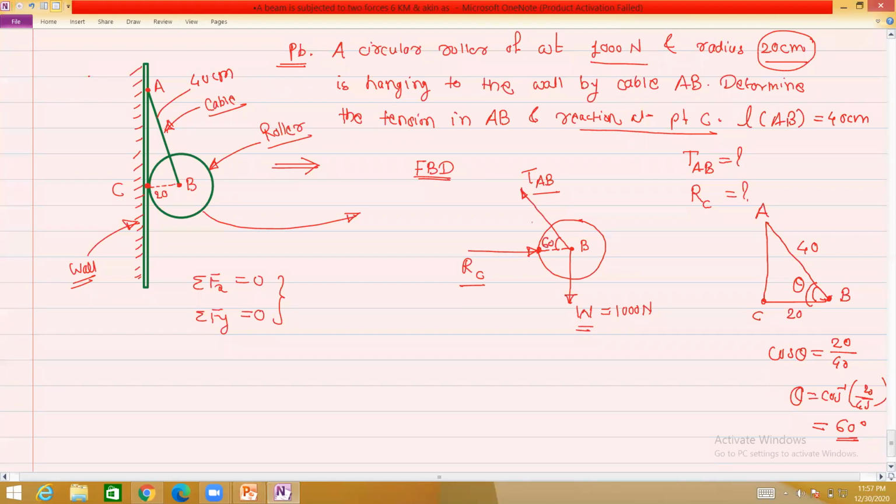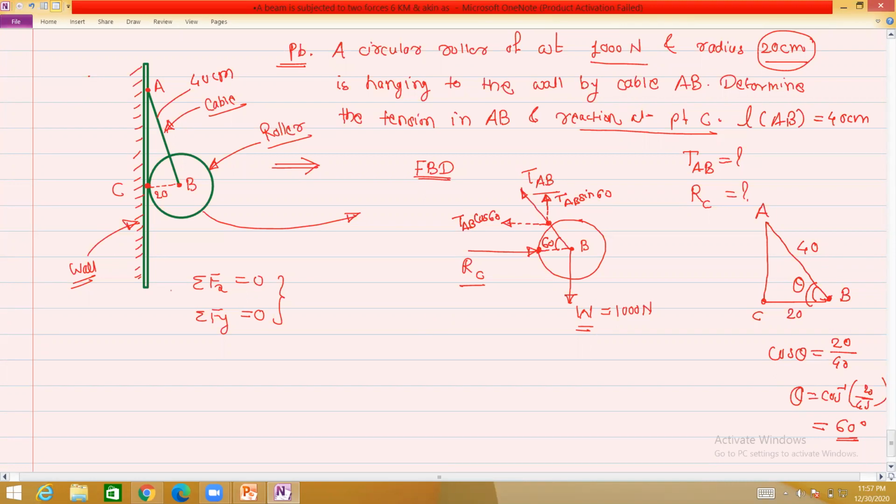So now we can resolve the forces. So consider this is the x component and this is the y component. So x component will be tension AB cos 60 and y component will be tension AB sin 60. And for the RC and W, there is no need to resolve these forces because RC is acting in the x direction and W is acting in the y direction.